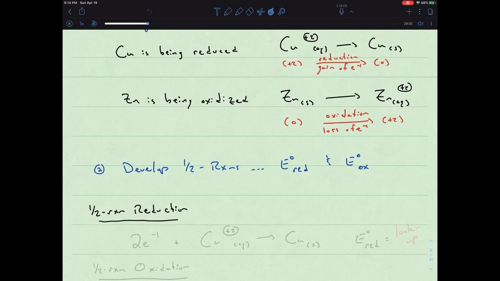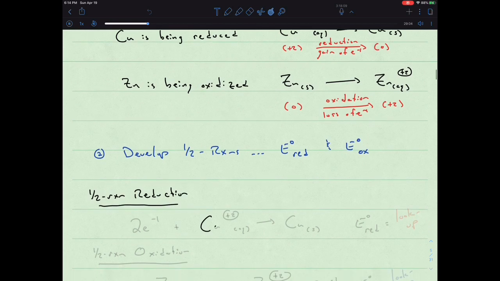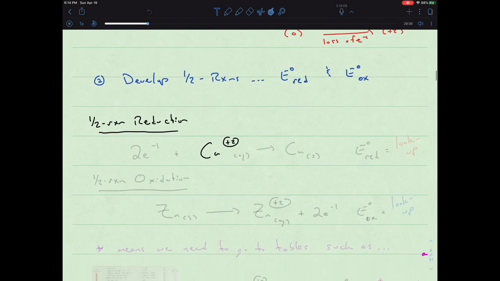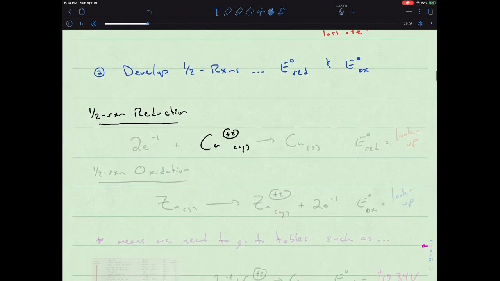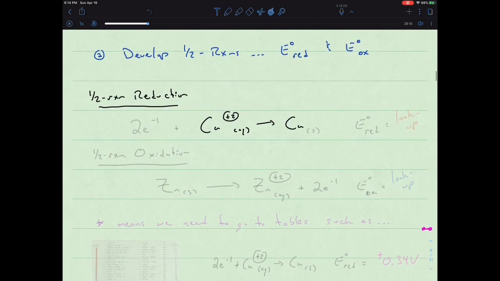It's a pretty simple one with the copper +2 going to copper 0, or copper in that solid state. It must be gaining 2 electrons, right?